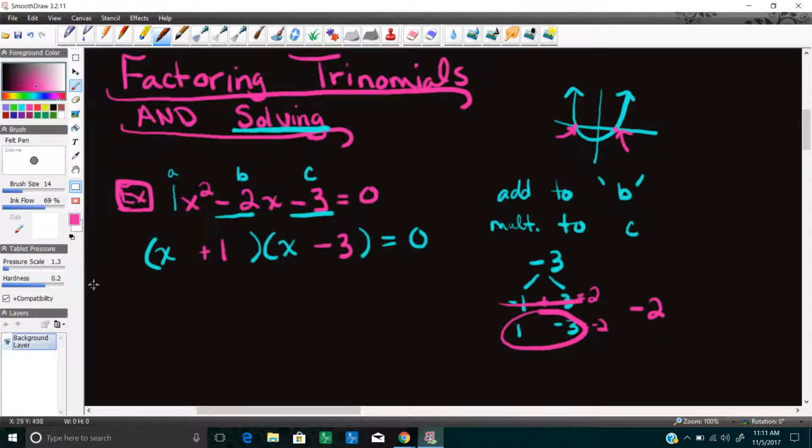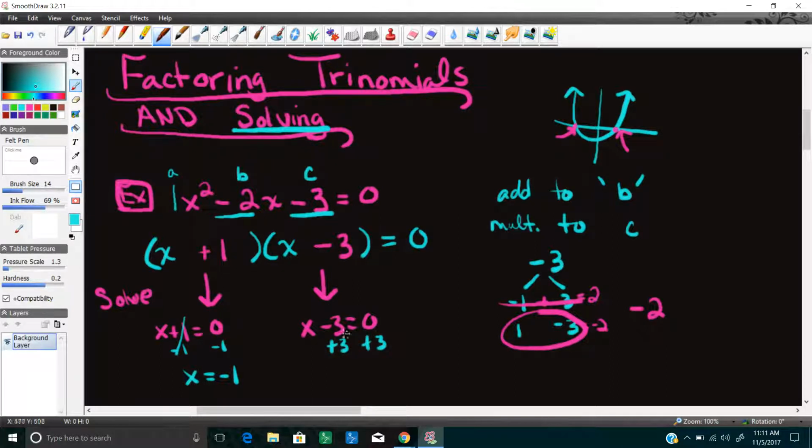If I'm trying to solve this, it's nice because all I have to do is take this right here and this right here and set them equal to 0. So x plus 1 equals 0, x minus 3 equals 0, and I just solve. Subtract 1 from both sides, which gives me x is equal to -1.